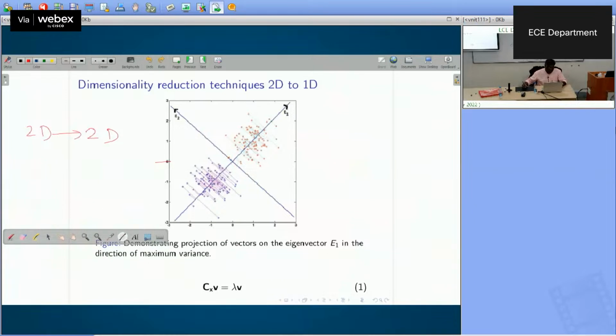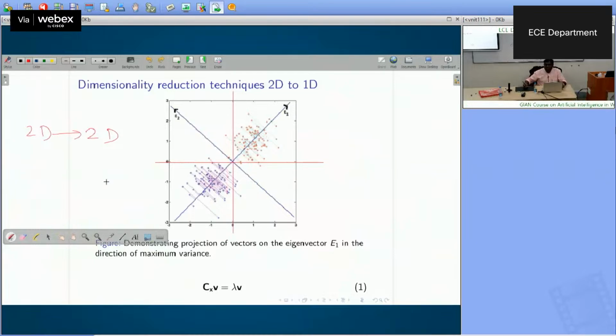That's fine, but think about what will happen to the range after projection. I'm giving the hint. I'm talking about this conversion from 2D to 1D, but what I am showing now is from 2D to 2D only.